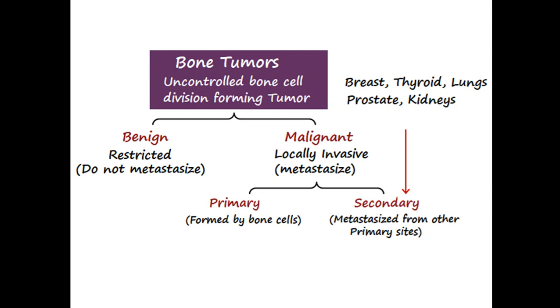We know that cell division is a very strictly regulated process. By that we mean that two groups of genes are specifically involved to control cell division.